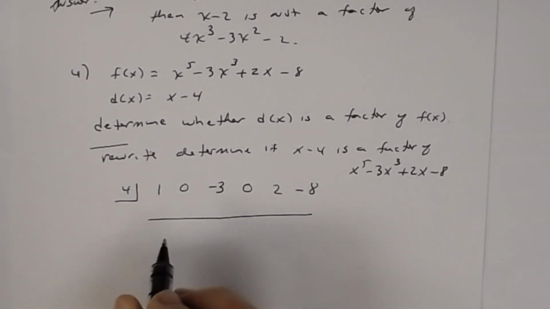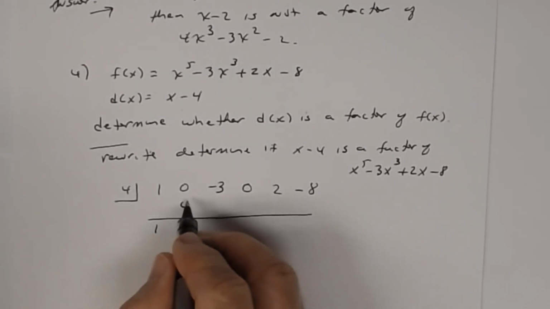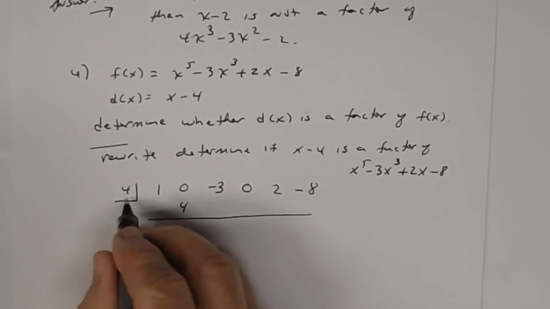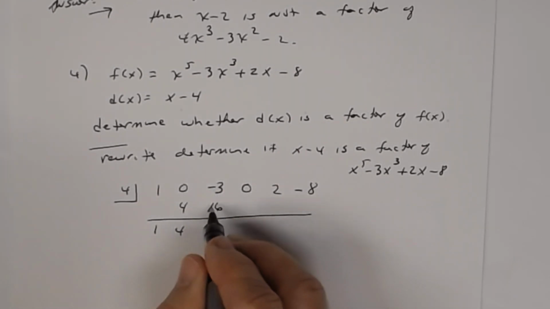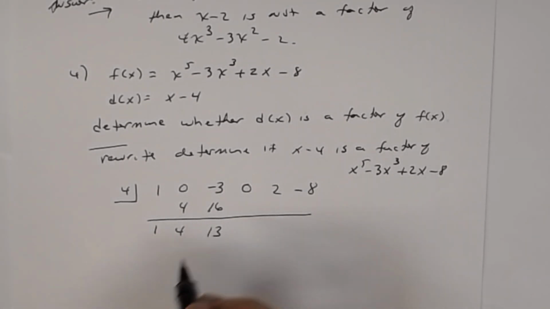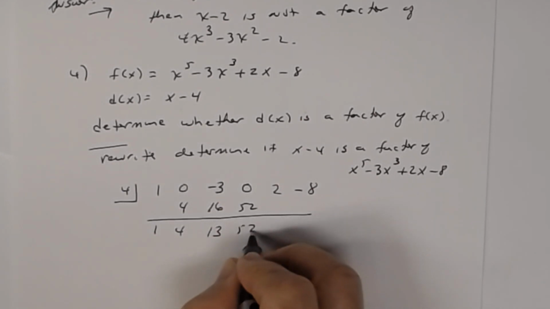All right, so let's use synthetic division. Bring down the 1. 4 times 1 is 4. Add, we get 4. 4 times 4 is 16. Add, negative 3 plus 16 is 13. And it looks like we need a calculator for some of this. 4 times 13, if you can't do this quickly in your head, use your calculator. We get 52. Then we add, we get 52.